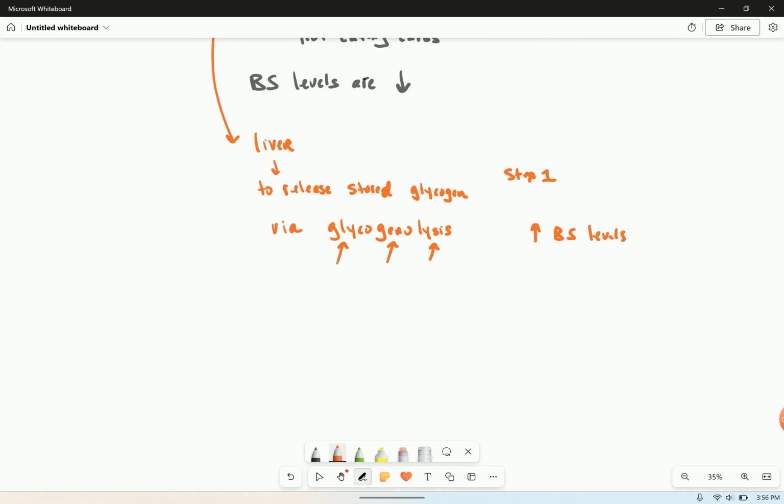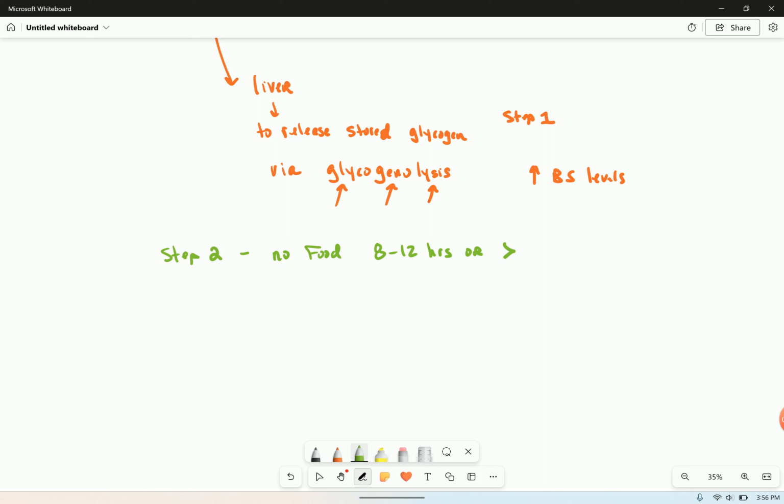Now, if you continue to not eat, in step two, so no food or fasting, 8 to 12 hours or longer. Everybody's different. It could take 15 hours for this to kick in, but roughly about 8 to 12 hours or longer.